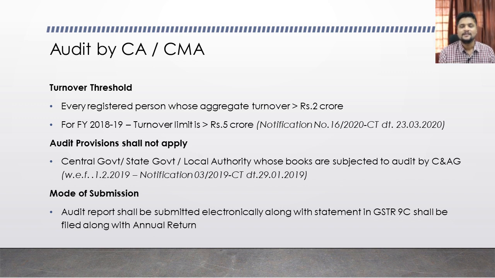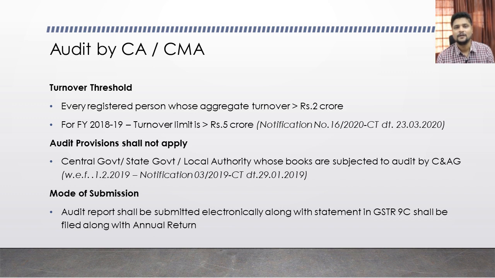Then there was an amendment, the CGST Amendment Act 2018. It has inserted a proviso under section 35 subsection 5. The proviso says that the audit requirement does not apply to a central government, state government or local authority whose books of accounts are to be audited by a C&AG, the Comptroller and Auditor General of India.